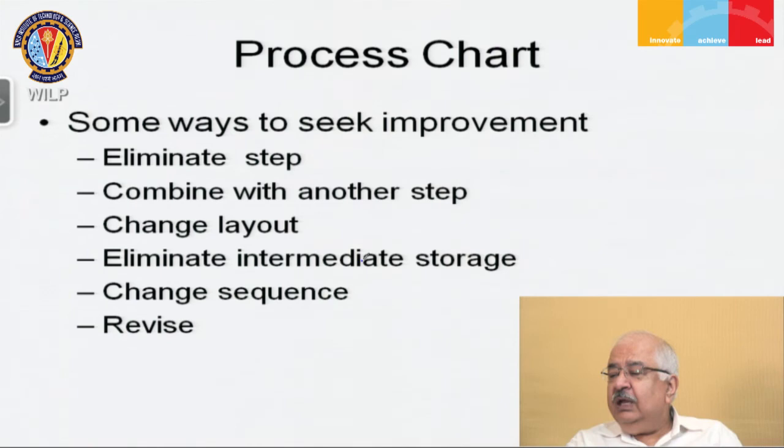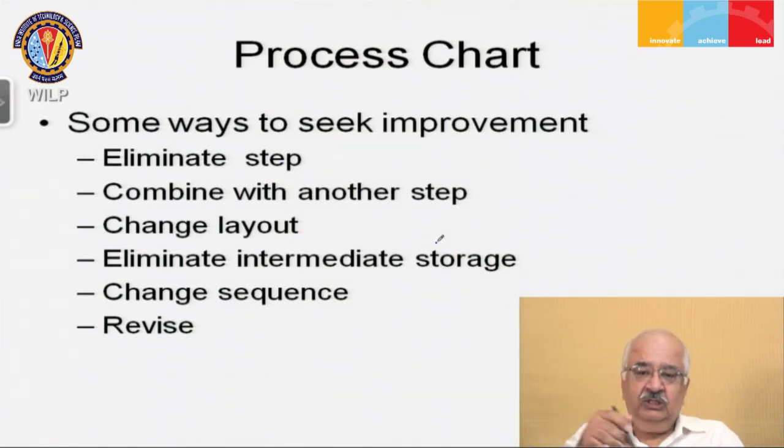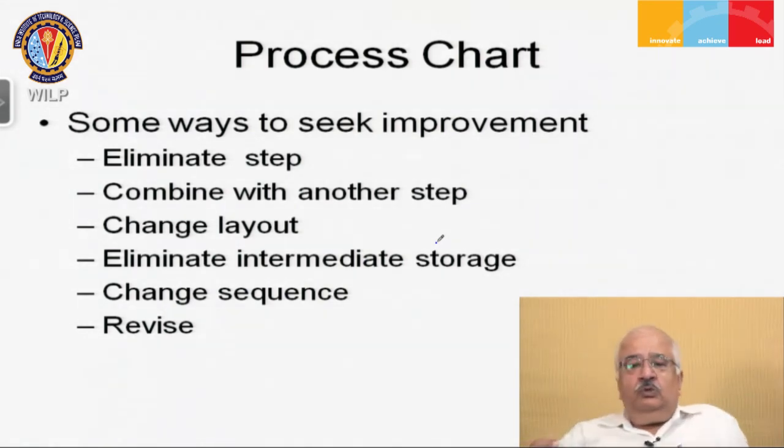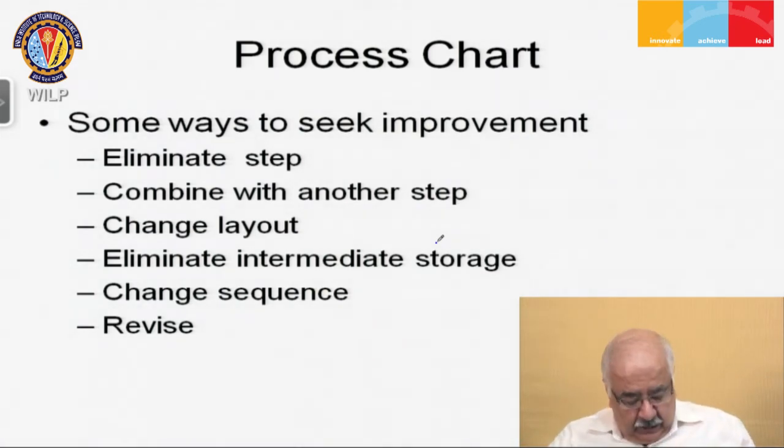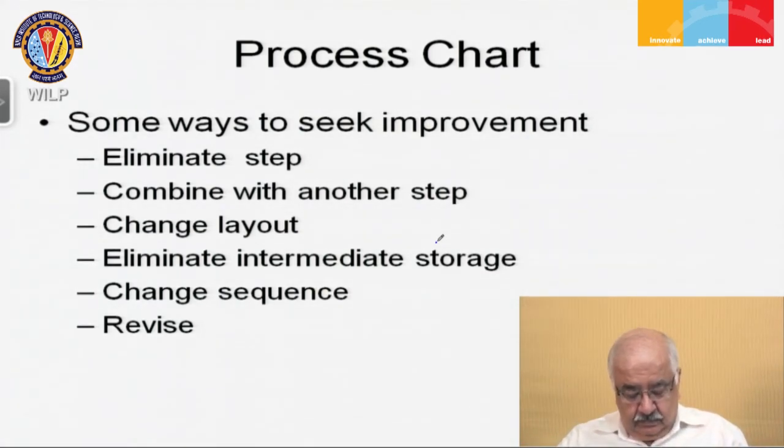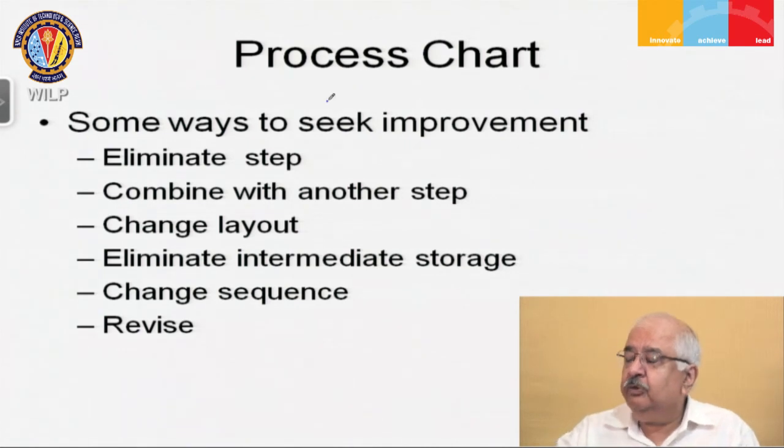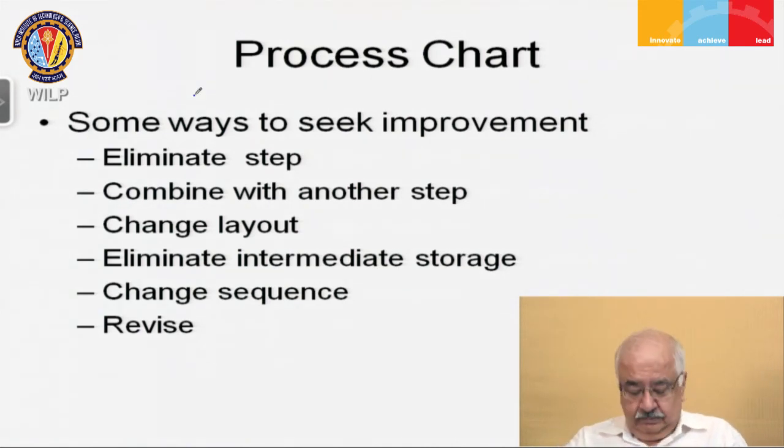Can I eliminate any intermediate storage so that the product can be directly transferred from one stage to the next? Can I change the basic sequence itself? And if by changing the sequence the distance traveled or the number of steps or whatever it is can be reduced, these are all possible ways in which we can look at the possibility of improvement in the process chart.